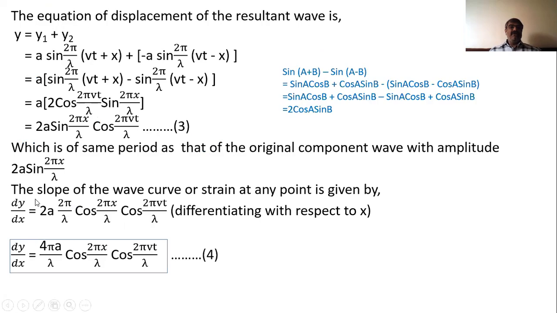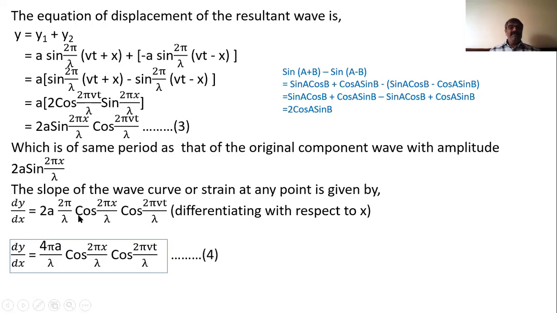Let us look at dy by dx. What is dy by dx? We call it the slope of the curve, or the strain produced, or the compression produced in the medium due to the wave. For that we have to differentiate equation 3 with respect to x.